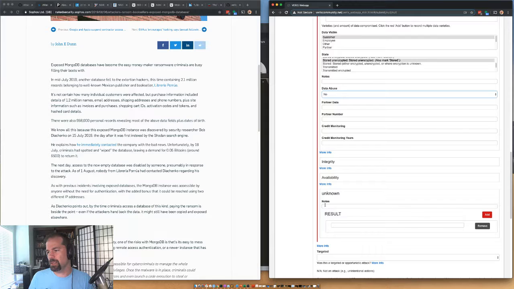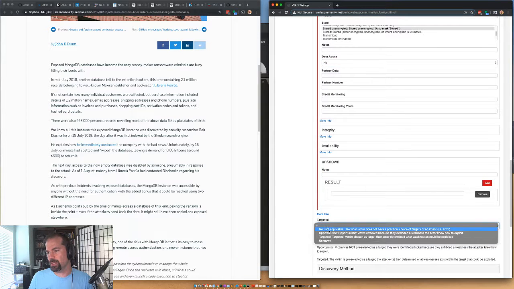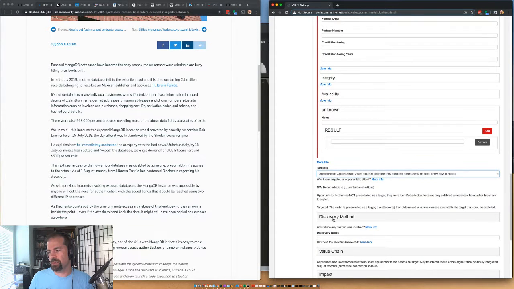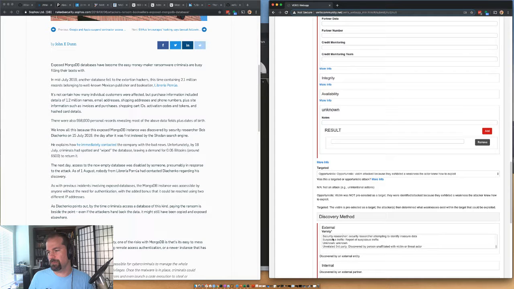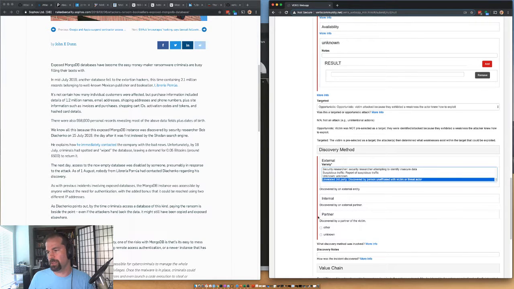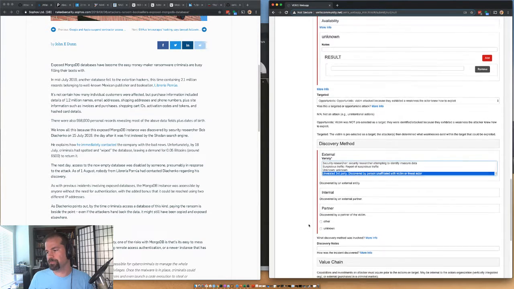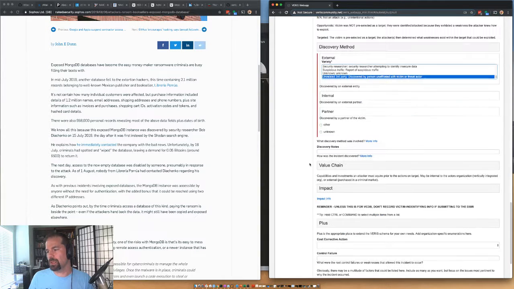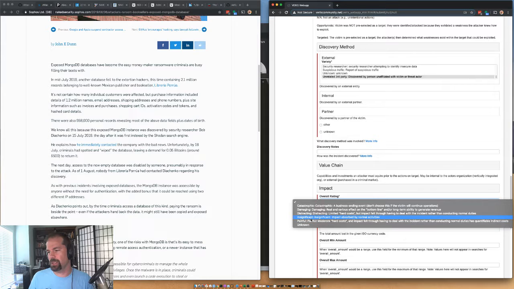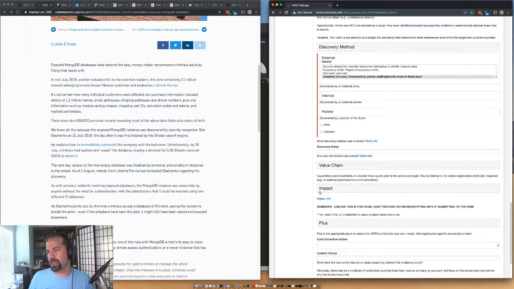And we go down to targeted. So it's opportunistic. It just was found on Shodan. It was discovered by an unrelated third party. And there's no value chain to this one. The impact is going to be insignificant.